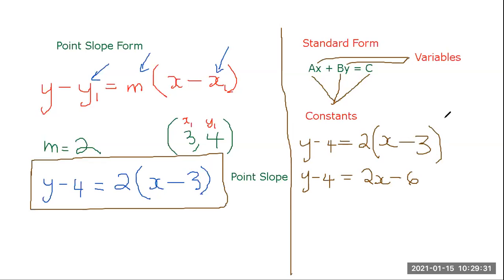And then with my standard form, I know that I need my x and y variables on the left side, so I need to move that on that side. All right, so I'm gonna move this over here so it becomes y minus 2x is equal to negative 6 plus 4. So I move the 4 to the other side, and then I move the 2x to that side.